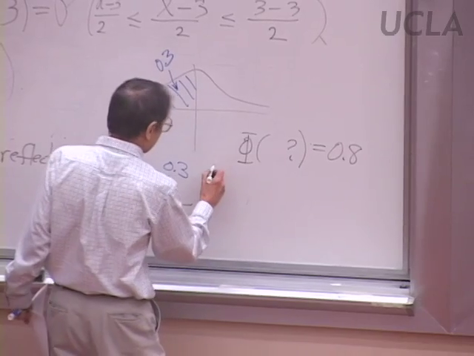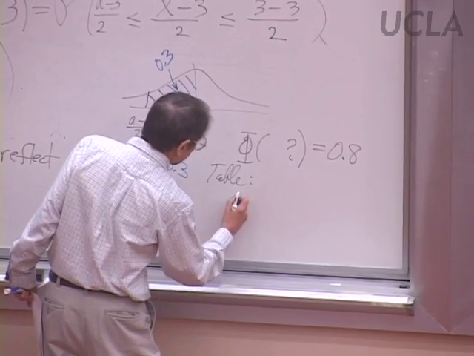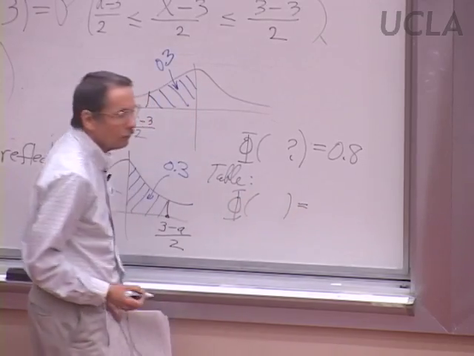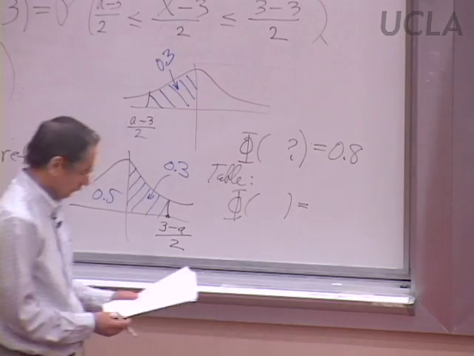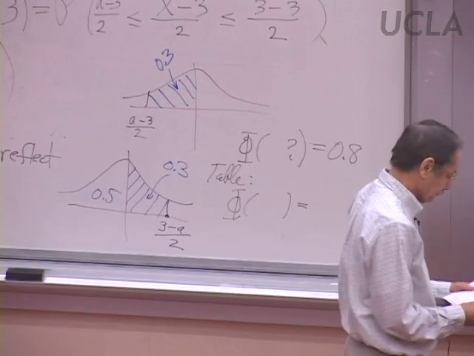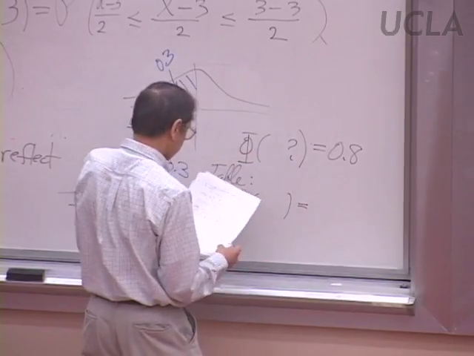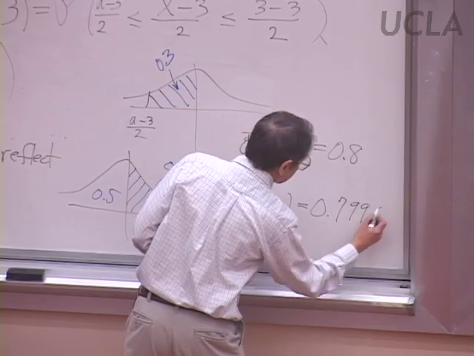Phi of what would be 0.8? Well, if we're using our table on page 919, we see what comes closest to 0.8. The closest we can get in our table is 0.7996.